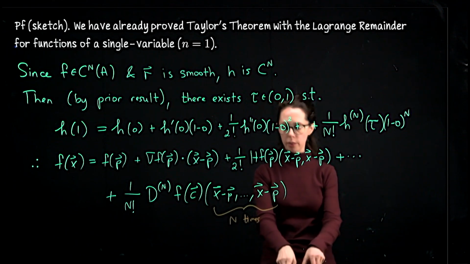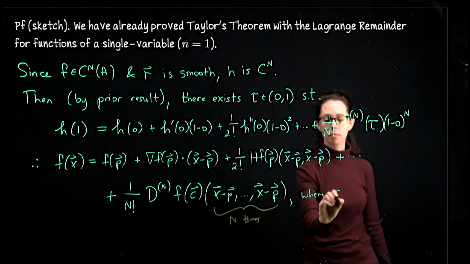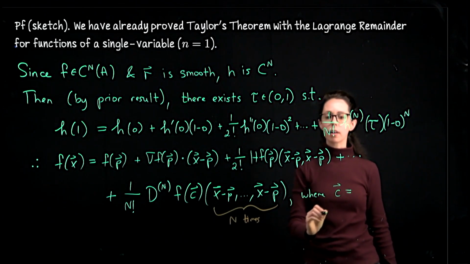And then let me just write a note here and we'll wrap this up, where C is set to be R of tau.